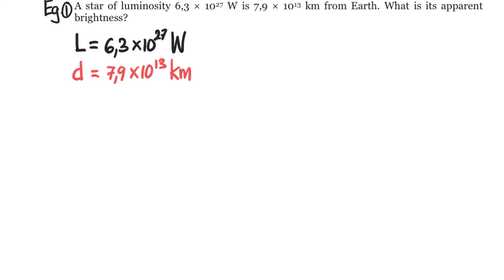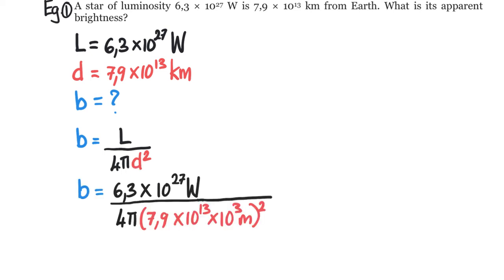The distance between the star and the Earth is 7,9 times 10 to the 13 kilometers. But we need to be careful here, because we need to work in meters. We are looking for the brightness B, and we are going to use the formula that we have just derived. So the brightness equals the luminosity divided by 4 pi, the distance squared.